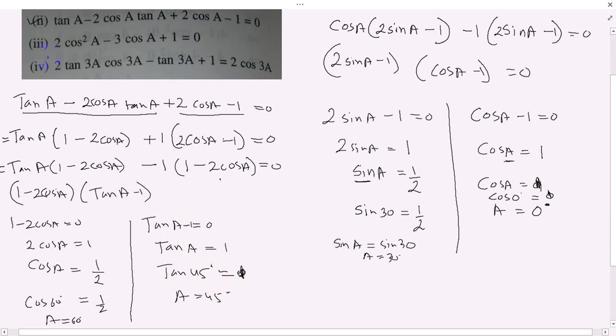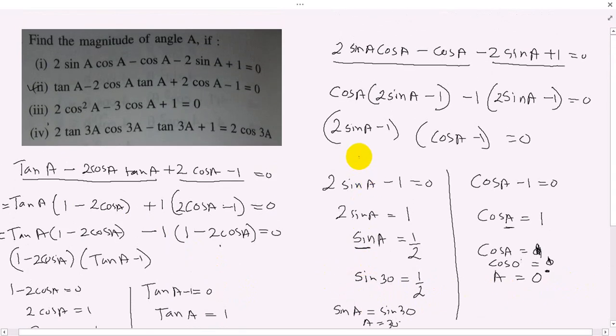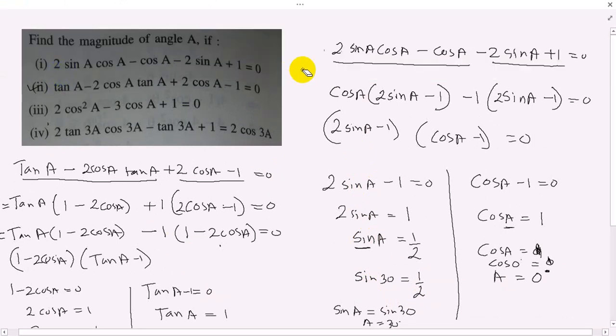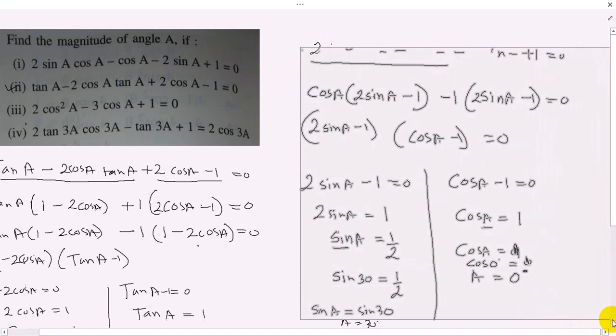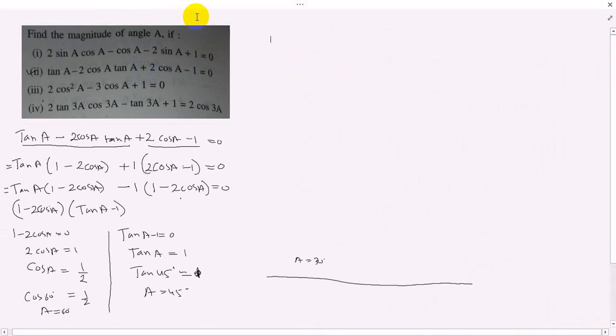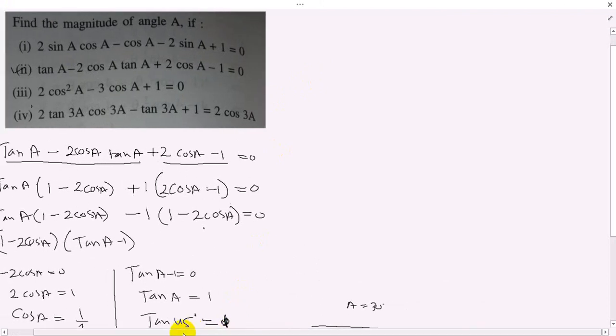Clear? Now the third question. The question is 2 cos square A minus 3 cos A plus 1 is equal to 0.